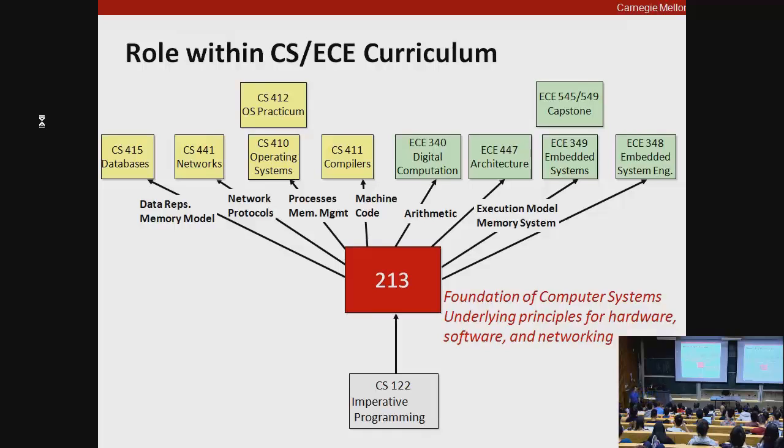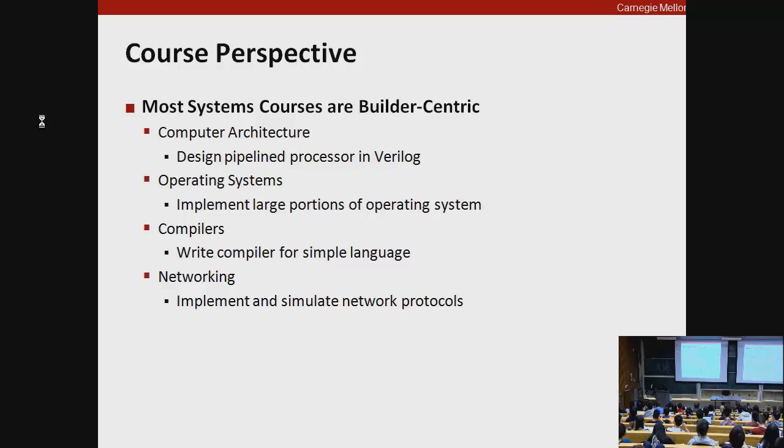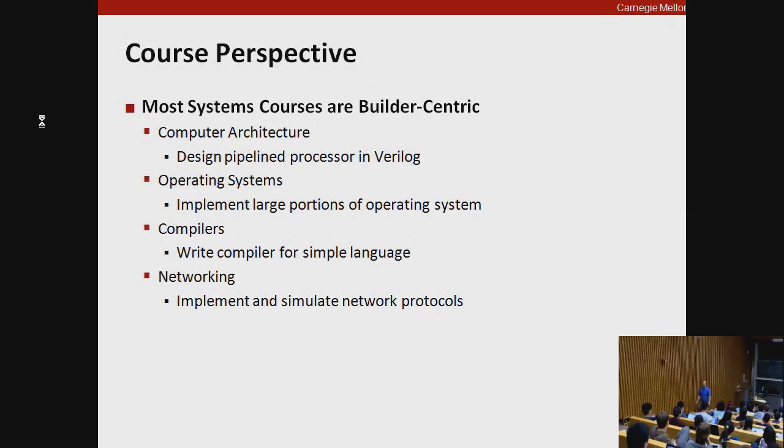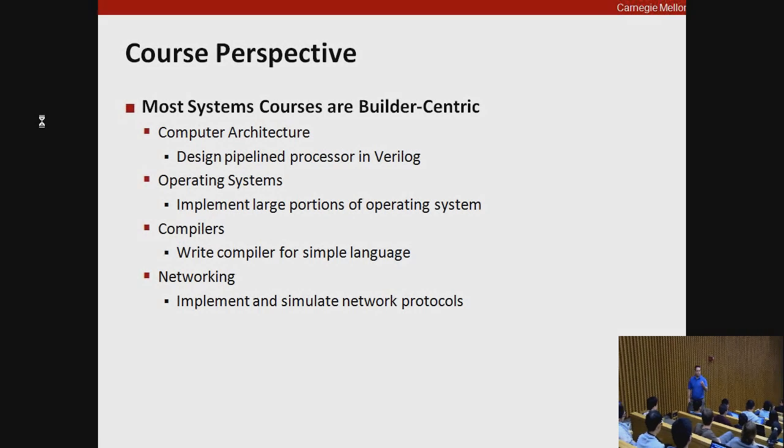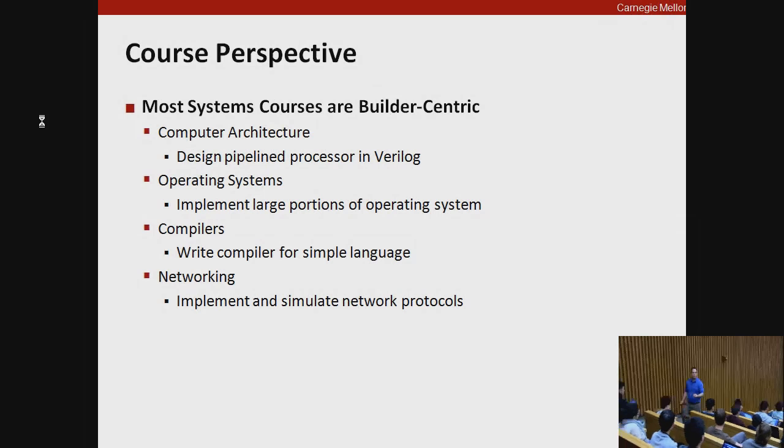This doesn't include things like the graphics classes and the animation classes. Okay? 213, when this course was first developed, was really revolutionary in computer science education. All the courses that tried to do the same thing, for year after year, really decade after decade, were system-centric. Okay?